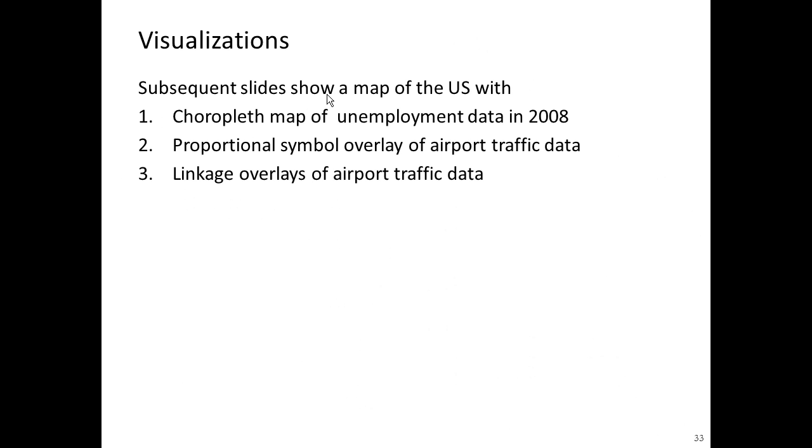Now let's look at some visualizations. The subsequent slides show a map of the US with different overlays. One is a choropleth map of unemployment data in 2008. Then I will show you a proportional symbol overlay using the same base map, and that overlay is of airport traffic data. And then you will also see linkage overlays.